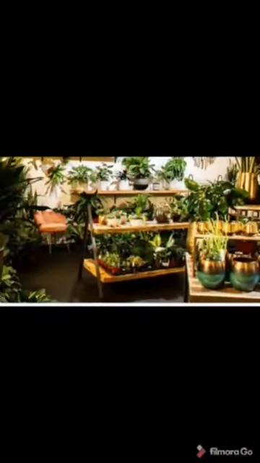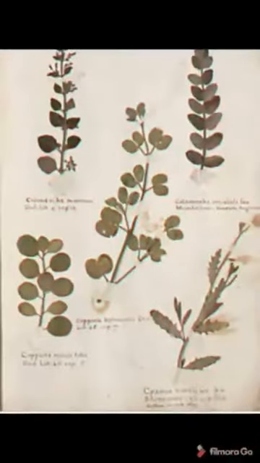Orchidarium is a collection of orchids. Here's the example of orchidarium. And the last is herbarium. Herbarium is a collection of dried herbs.